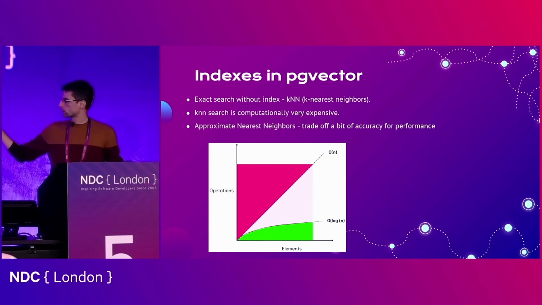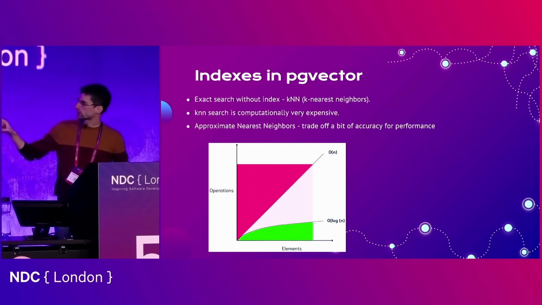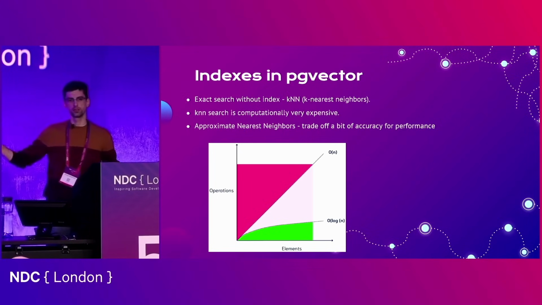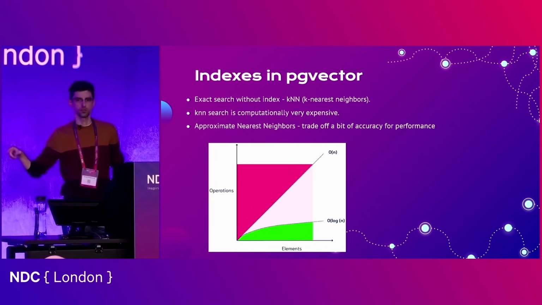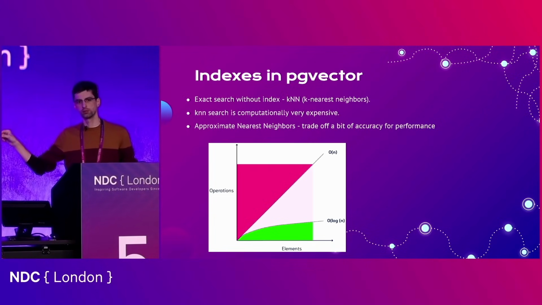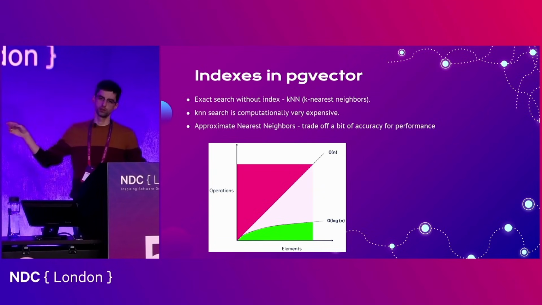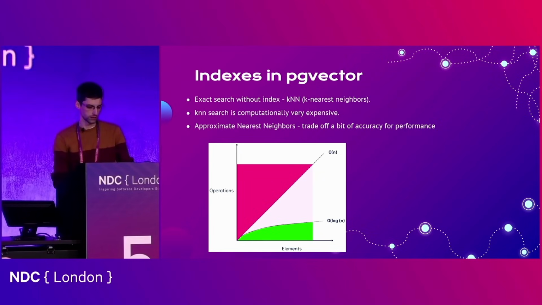So this shows that with KNN we get linear growth with time, but with approximate nearest neighbor search we get logarithmic time.